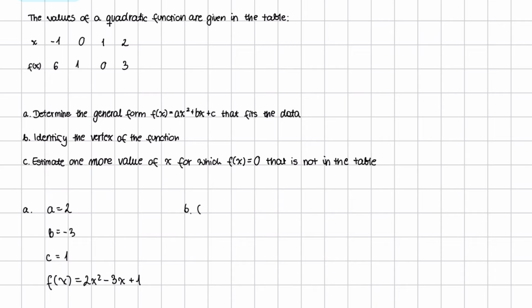So our x is 0.75 and our y is minus 0.125. And then in C, we have to estimate one more value of x for which f(x) is 0 that is not in the table.